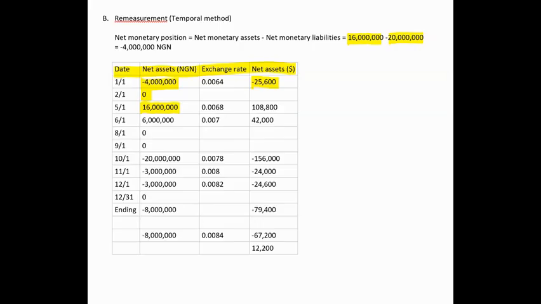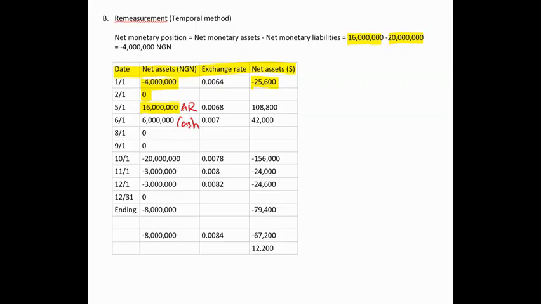The net asset equals $108,800. Then June 1st, the company sold land for 6 million NGN. The journal entry is to debit cash and credit land.